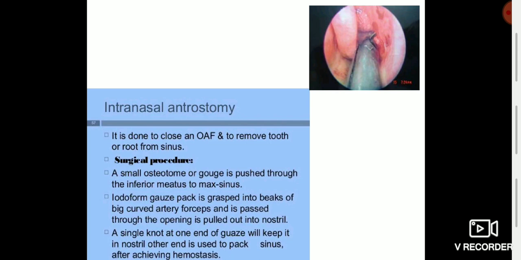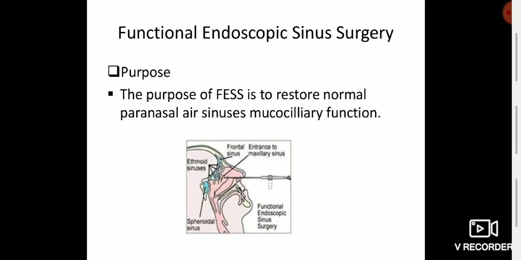A single knot at one end of the gauze will keep it in the nostril, and the other end is used to pack the maxillary sinus after achieving hemostasis. This is intranasal antrostomy. It is done in the inferior meatus to facilitate drainage from the maxillary sinus.